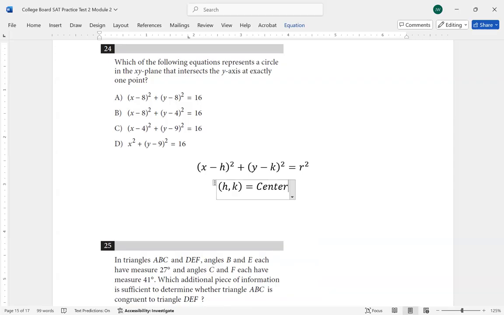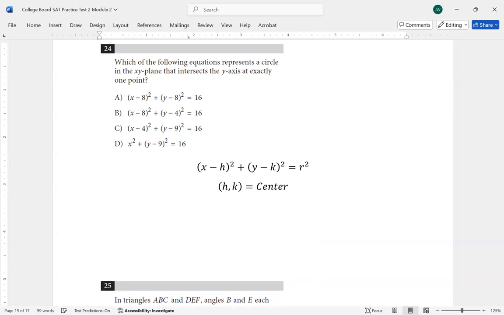So we want to intersect the y-axis at precisely 1 point. What we see here is that for option A, we have a center at the point 8, 8 with radius equal to 4.